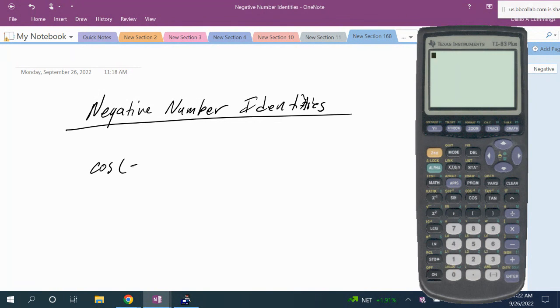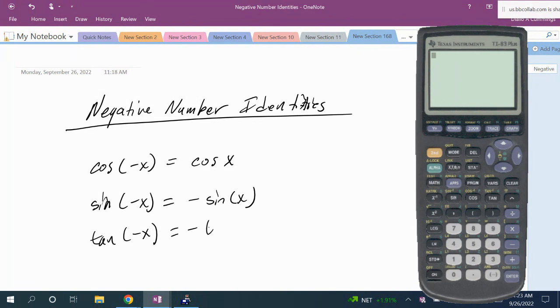The cosine of negative x is equal to the cosine of x. The sine of negative x is equal to negative sine of x, and the tangent of negative x is equal to negative times the tangent of x.